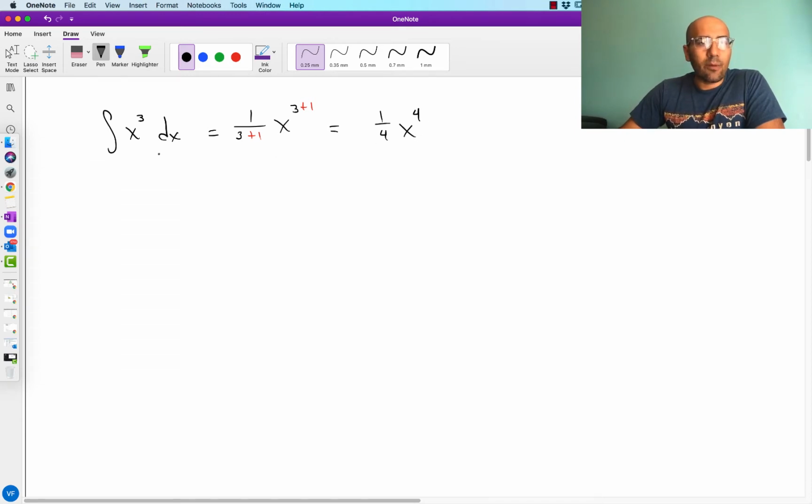And then, of course, this represents a whole family of functions, plus c, such that the derivative of this function equals that, right? We can also check very easily.